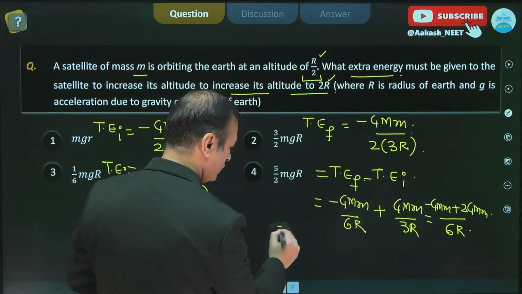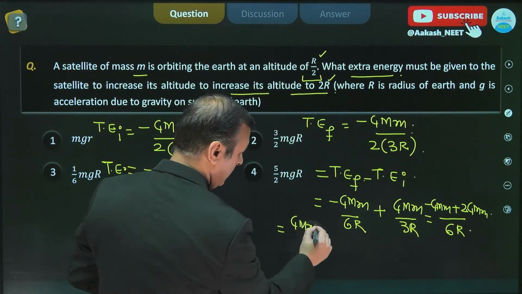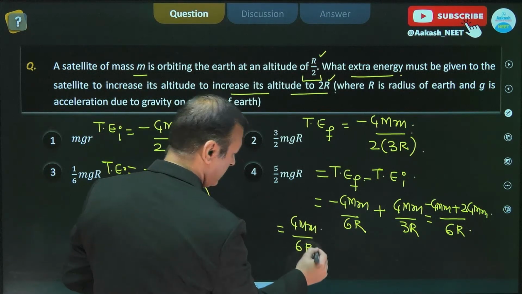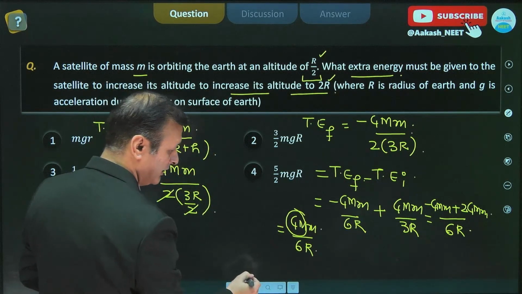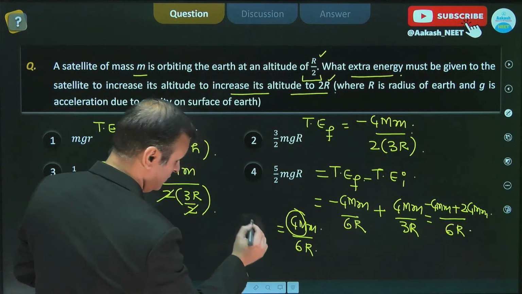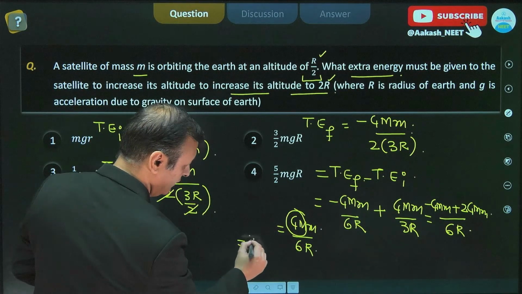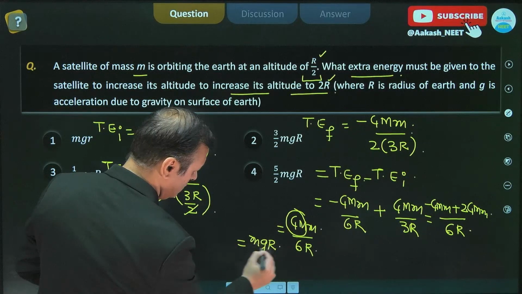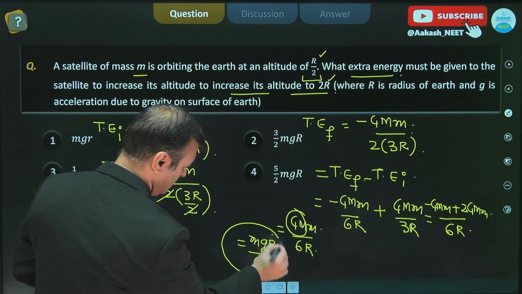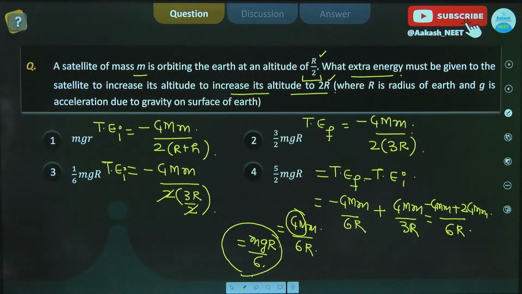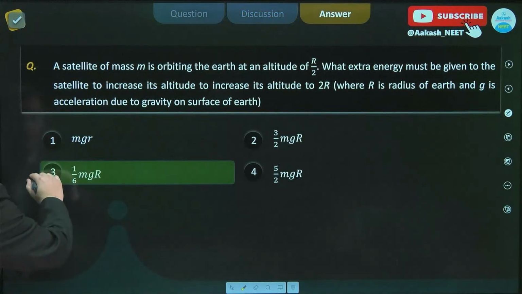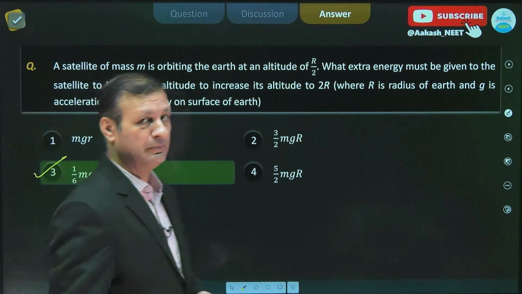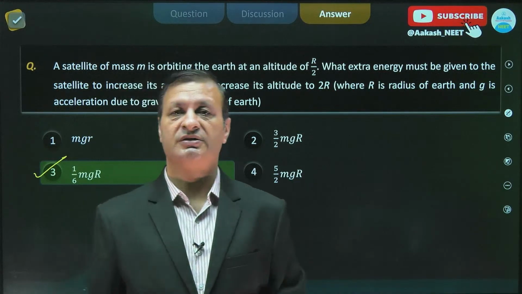So that gives you GMm by 6R. And for this GM, we'll put g R square, small g R square. So this becomes m g R by 6. So this is the required answer, m g R by 6. So let's verify the answer. Yes, so this is m g R by 6.